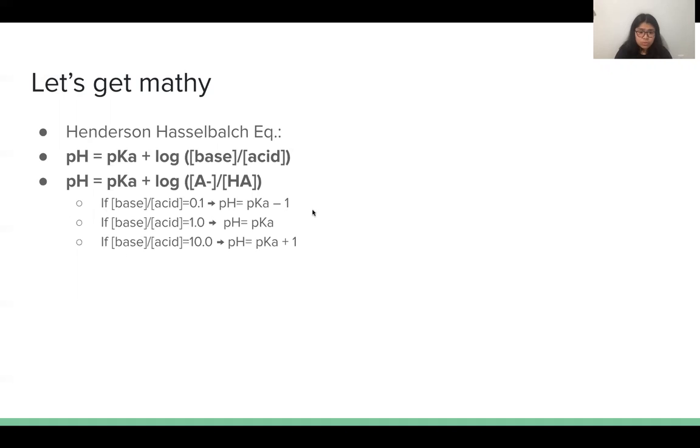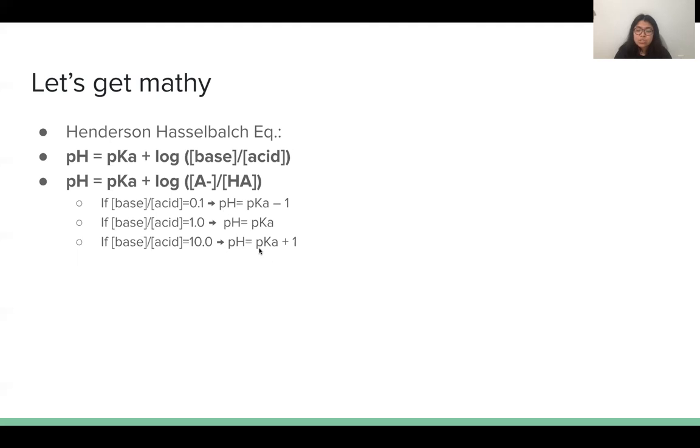Now, if your base over acid is a 1-to-1 ratio, it's going to give you a 1, and the log of 1 is 0, so your pH is equal to pKa. What happens if you have more acid than base?